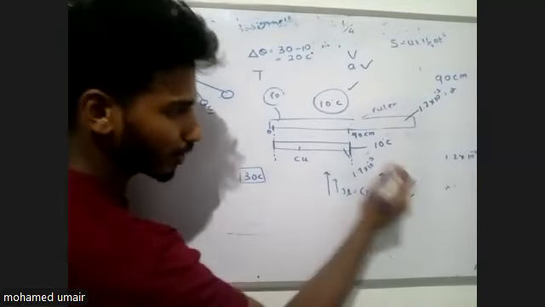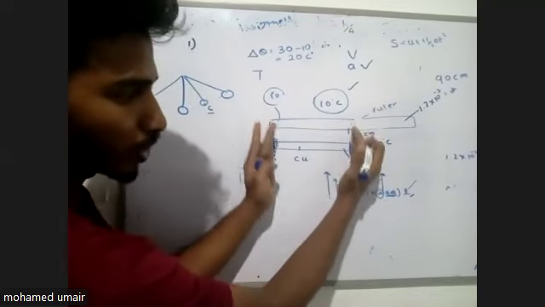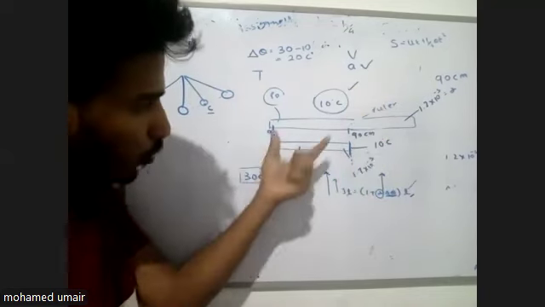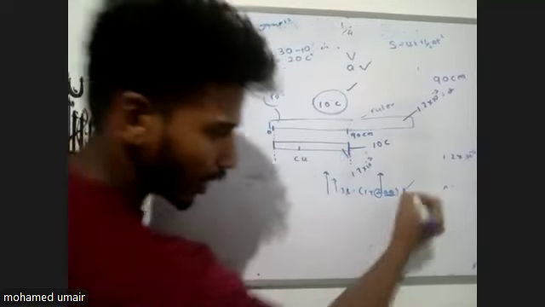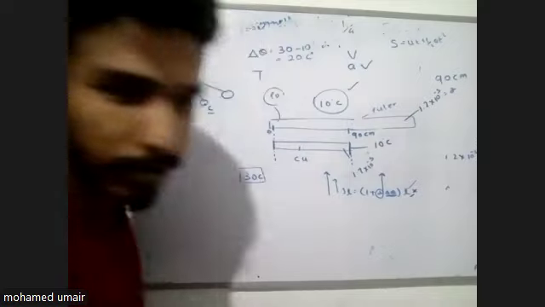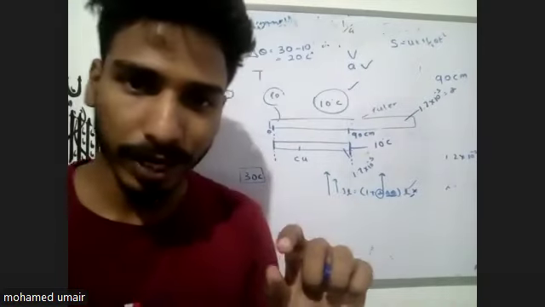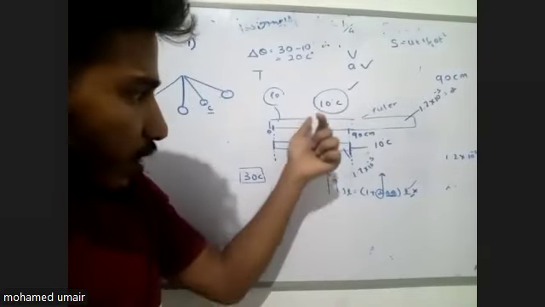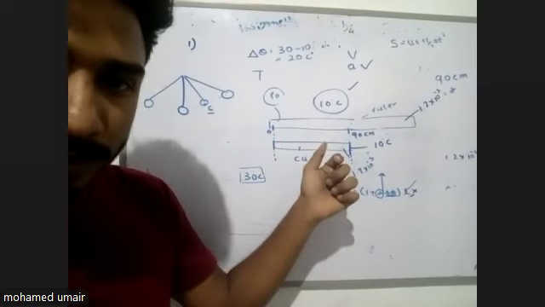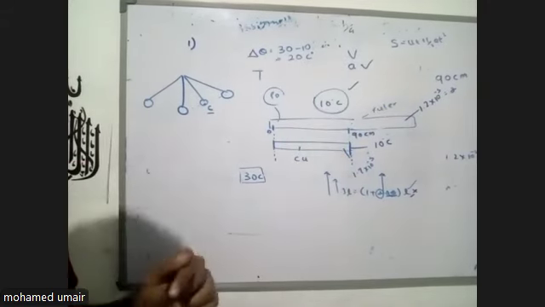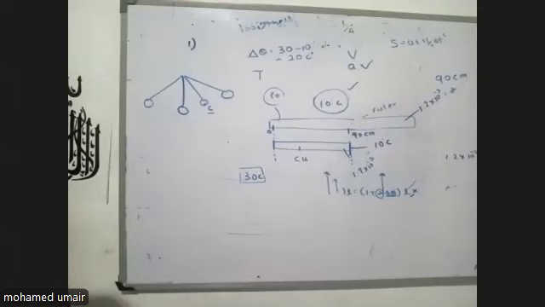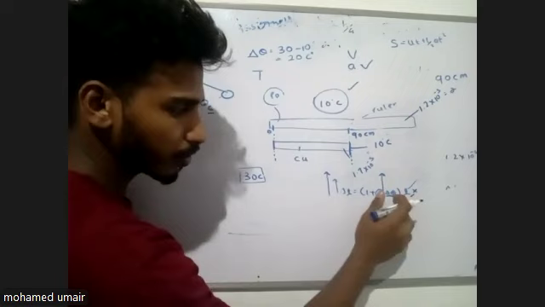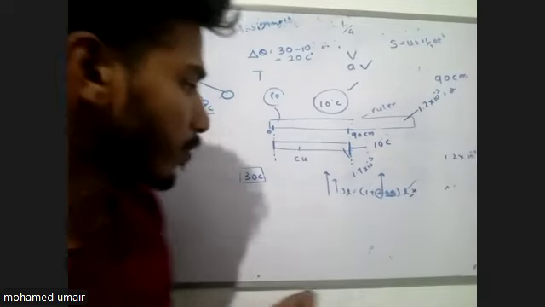So let's say we are considering only these two portions of the length. Both of them are having the same initial length, so L is also the same. But what is the significant character which is different for both of them? The natural length is the same. The change in temperature is the same.